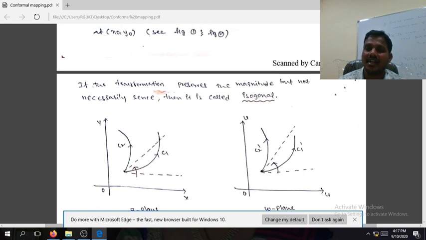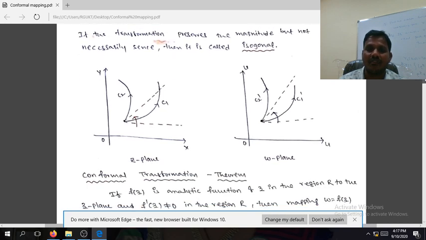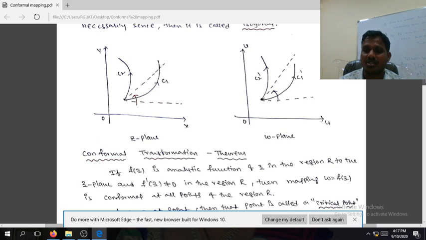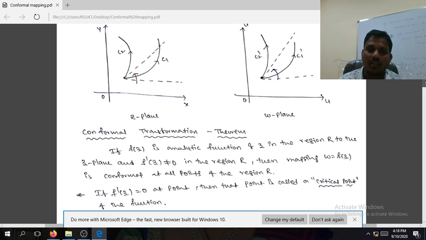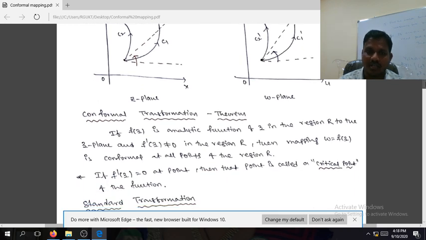We can understand this easily by using the conformal mapping theorem, or conformal transformation theorem, but the proof is not needed; we only need to understand the statement.